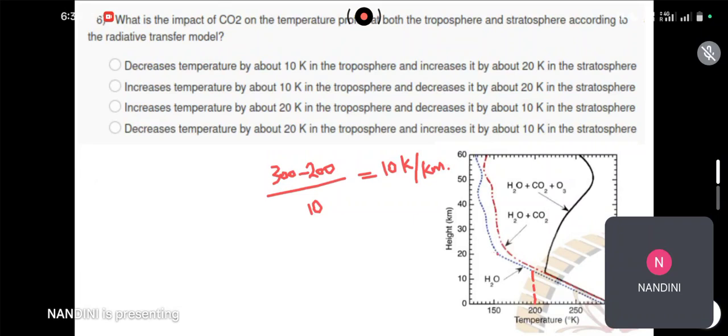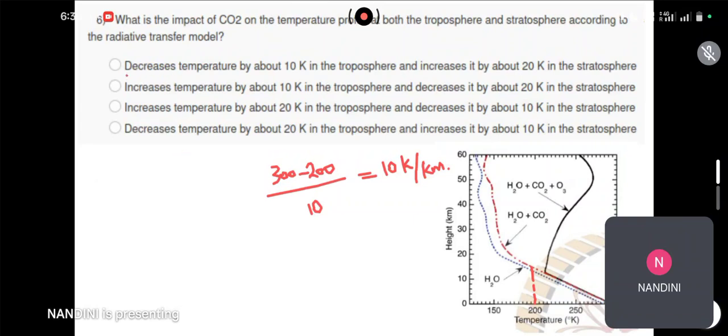Now, the question is how carbon dioxide is impacted. Here we don't have a picture of carbon dioxide profile separately, but we have a combined one of water vapor plus carbon dioxide. So it is clear that in the troposphere, both the lines of water vapor and water vapor plus carbon dioxide are parallel to each other. So both are actually contributing to a decrease of temperature by 10 Kelvin per kilometer. 10 Kelvin decrease is actually seen in the troposphere. That is decrease in temperature by about 10 Kelvin.